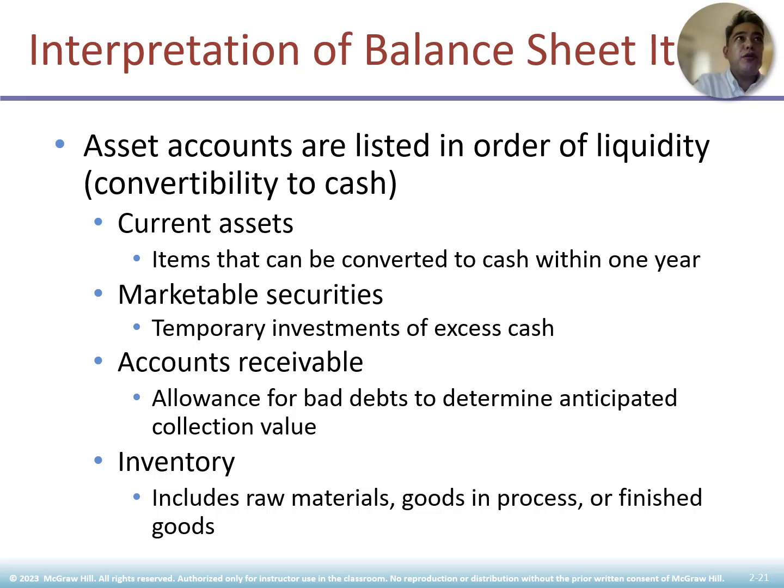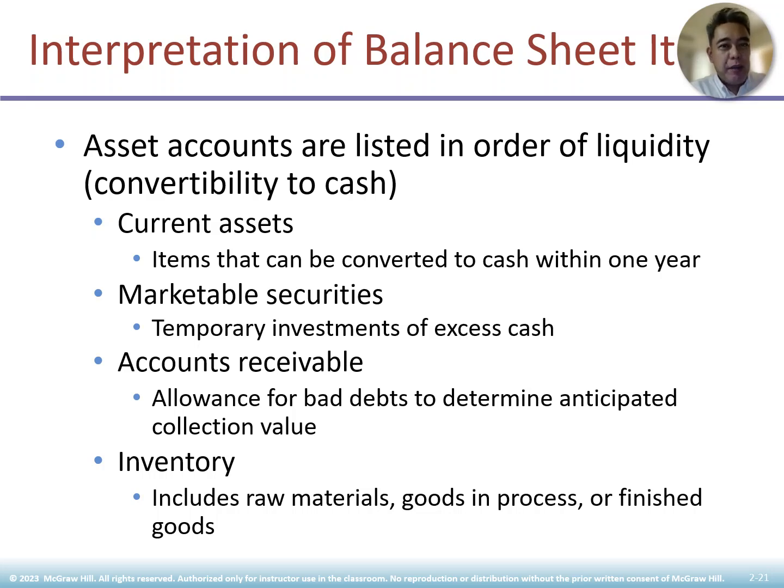Current assets is a term wherein we basically classify certain items within the balance sheet. In accounting, you have accounts receivable, marketable securities, you have inventory, you have prepayments. So current assets are anything that will be converted into cash within 1 year as of the balance sheet date.